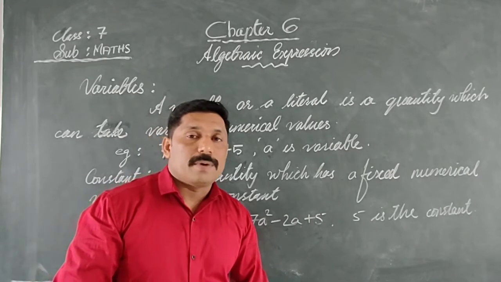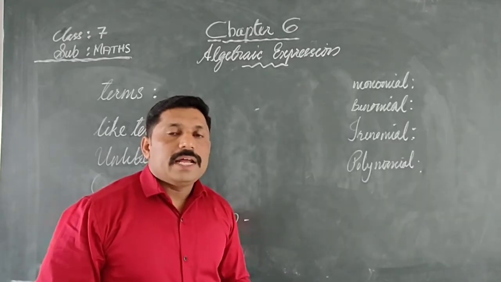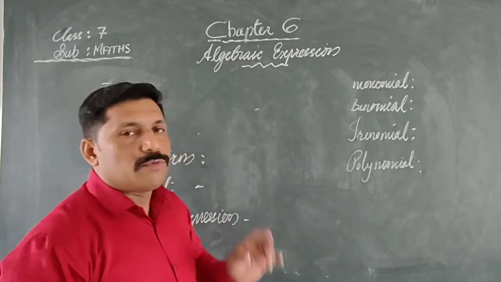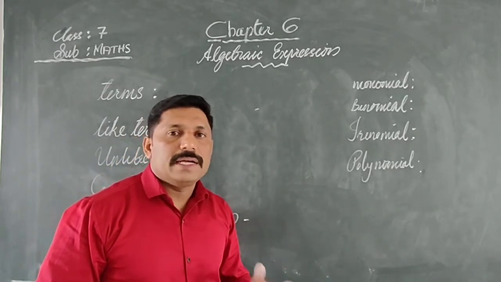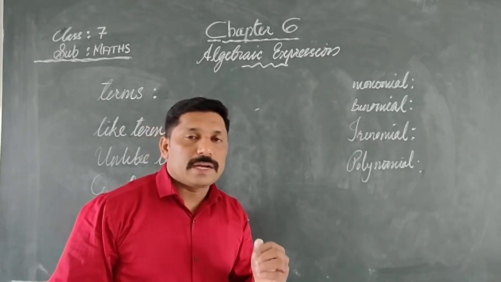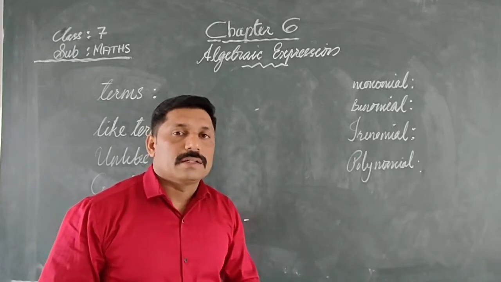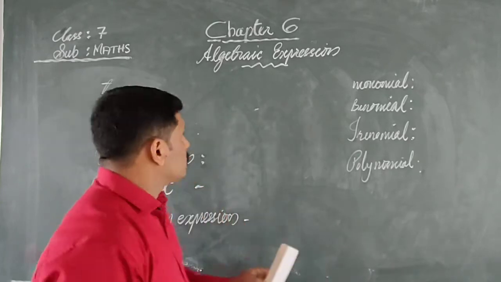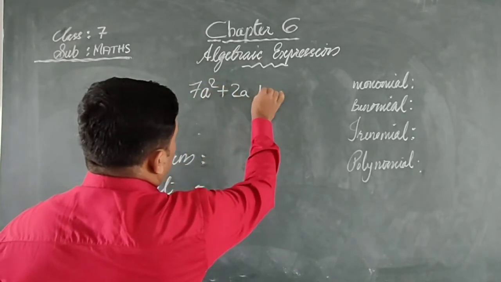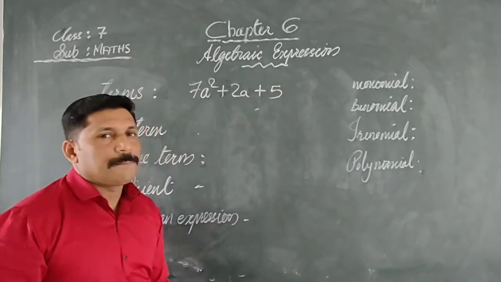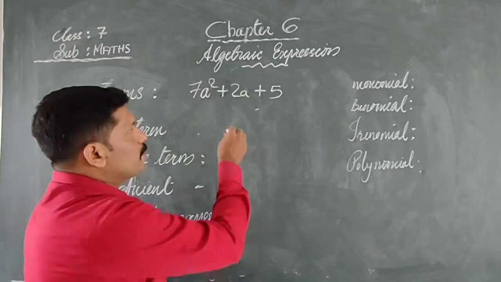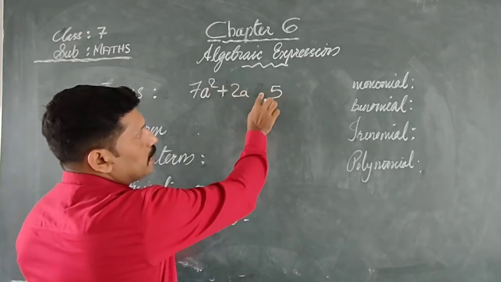Now we are going to study about terms. A term in an expression means the part of an expression that is separated by a plus or minus symbol. For example, in 7a square plus 2a plus 5, the expression is separated into different parts using plus, or sometimes minus symbol.